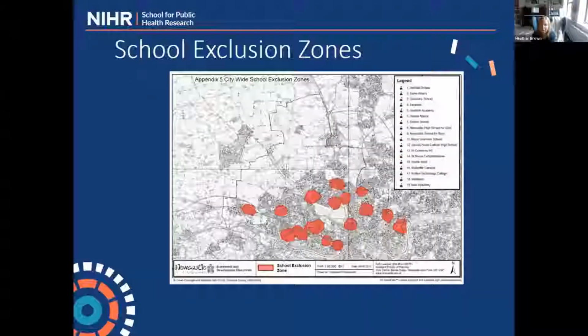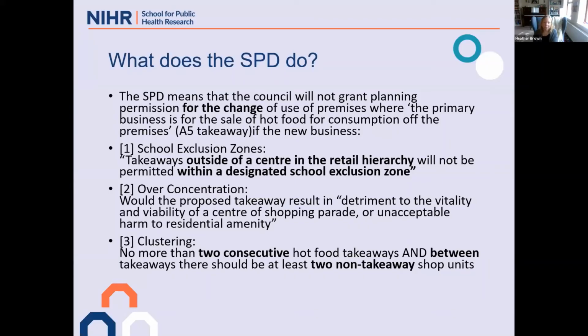And these are within school exclusion zones. So it's only secondary schools, not primary schools, because the idea is that secondary school children have more autonomy over where they go after school, so they are more likely to be influenced by the food environment than primary school children.